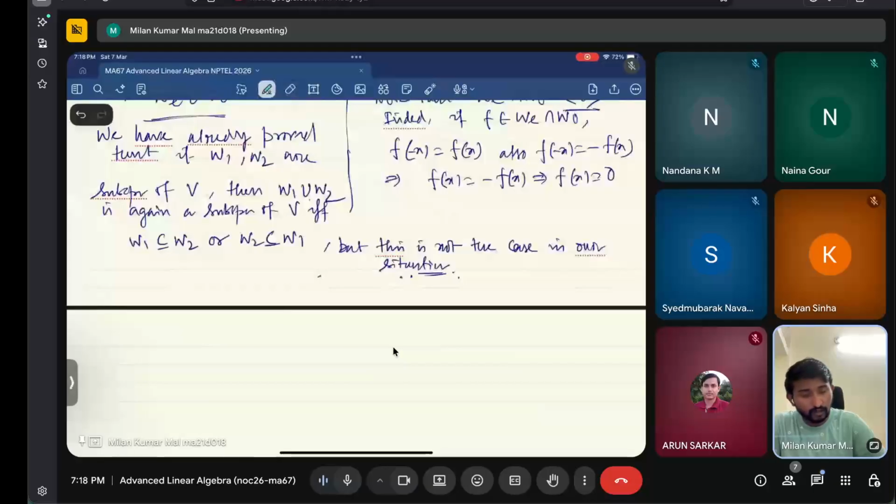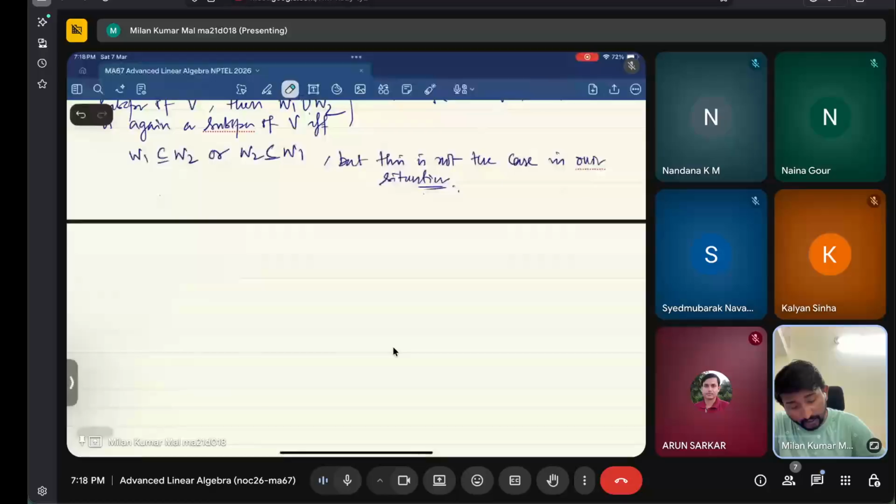But this equals zero. That means there is no even function except zero. But that's not true. Cos x is an even function, x squared is an even function, in fact x to any even power is an even function. Similarly the other way around is also not true, because sin x is an odd function and any odd power of x is an odd function. So that's why the option C is correct, and the third option is incorrect.